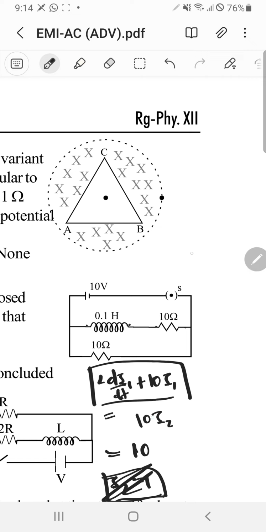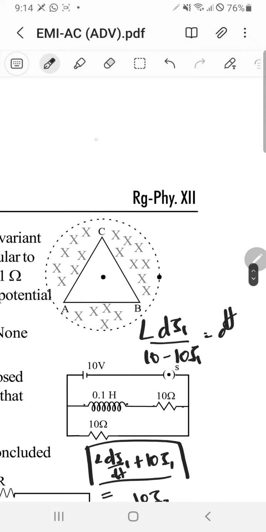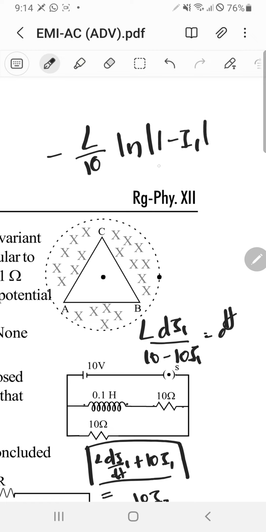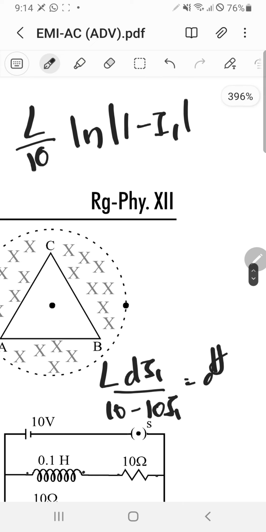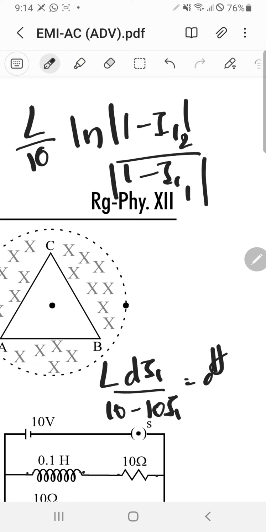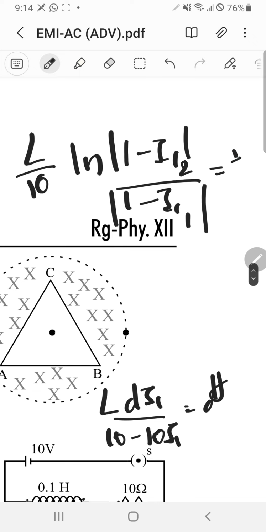So using that equation, you got L di1 upon 10 minus 10 I1 equal to dt. So you got L by 10 natural log, actually negative natural log of 1 minus I1, and it should be the change of that. So I1 from 0 to I1, natural log of 1 upon 1 minus I1, equal to t.